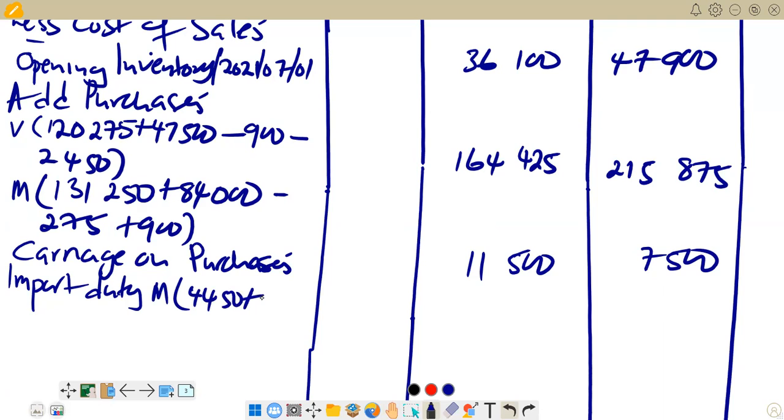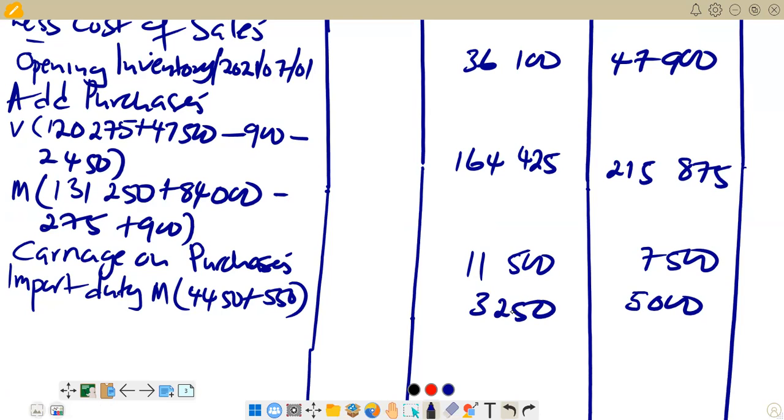Then we add our 550. If we add the two, for meat, you are supposed to get 5,000. And the one for vegetables has no adjustments, and the figure that we are given there is 3,250.